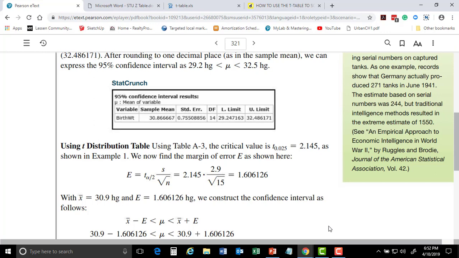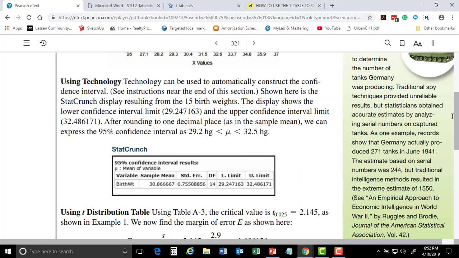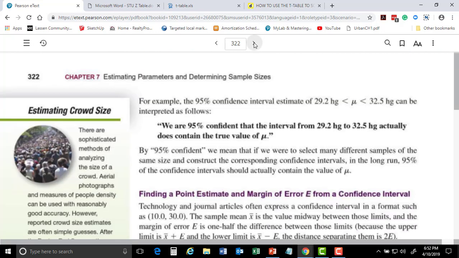Is it 15 and not 50? Oh, that's right. Where did I get 50 then? I got all screwed up. Was that the other problem? I don't remember now. I thought I had 50 because we had degrees of freedom of what? We used 50, I thought. This is 14. 1 minus 15. Well, anyway, play with it. Yeah. We'll see what goes on.